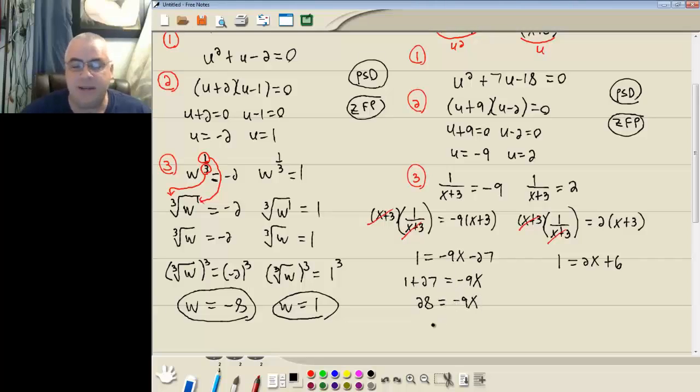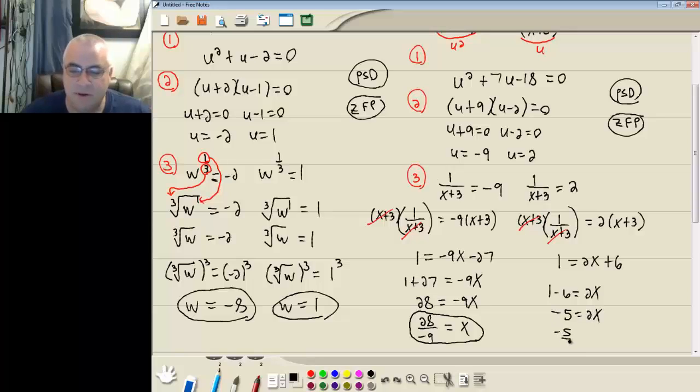Then divide both sides by negative 9, and we get x is equal to negative 28 over 9. This one takes 6 over, so we got 1 minus 6 is equal to 2x, which gives us negative 5 is equal to 2x. Then divide both sides by 2, and we get x is equal to negative 5 halves.